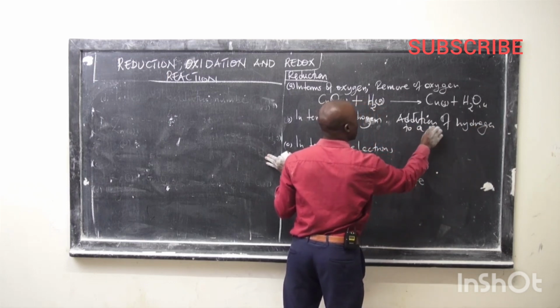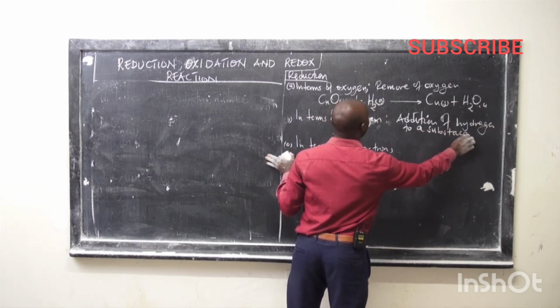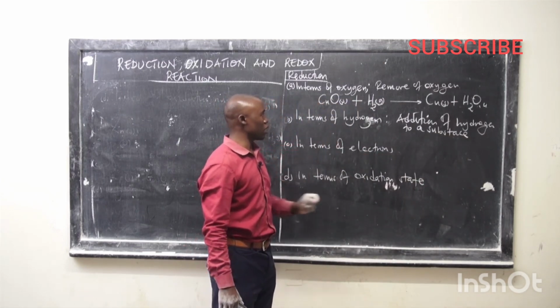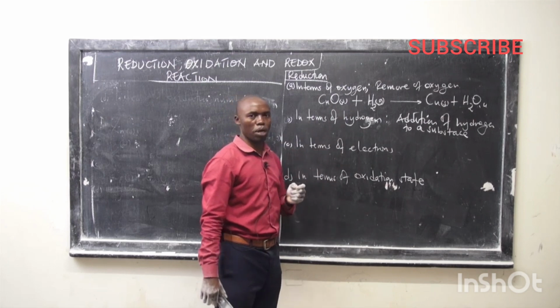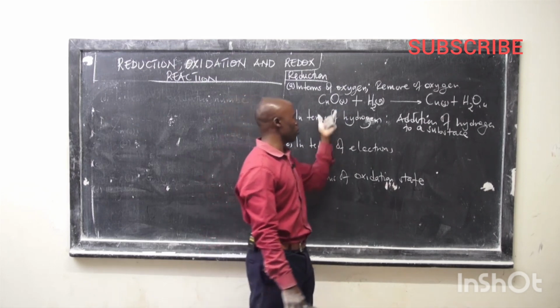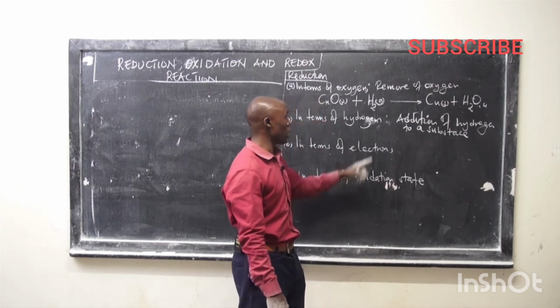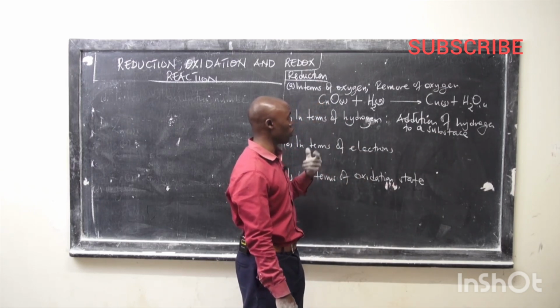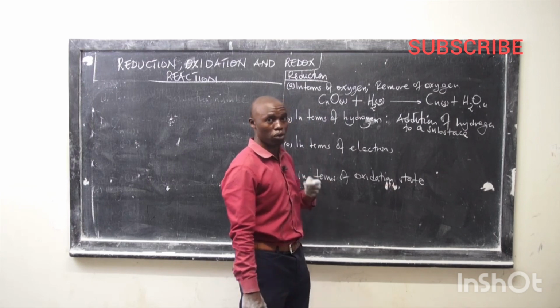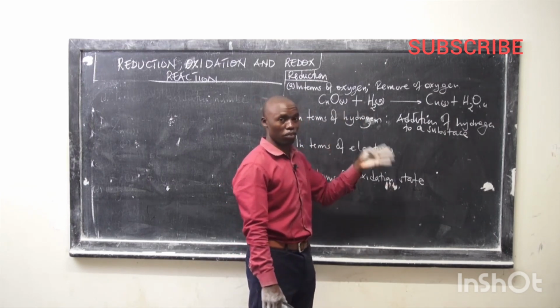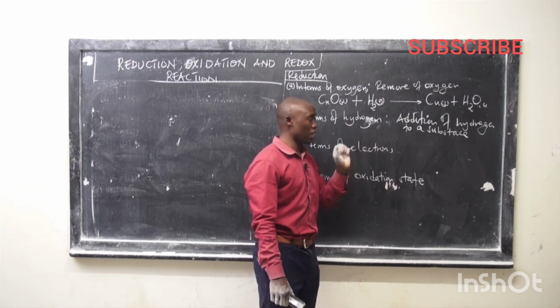In this same reaction, when I add hydrogen to copper(II) oxide, I make copper(II) oxide lose oxygen. So addition of hydrogen causes what we call reduction. I'm reducing copper(II) oxide by addition of hydrogen. So the same reaction can be defined in terms of oxygen and hydrogen.